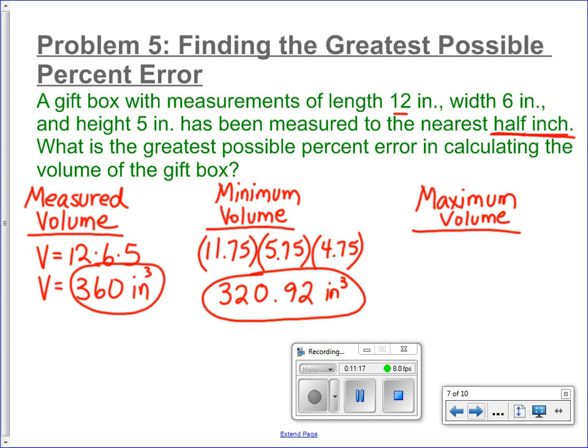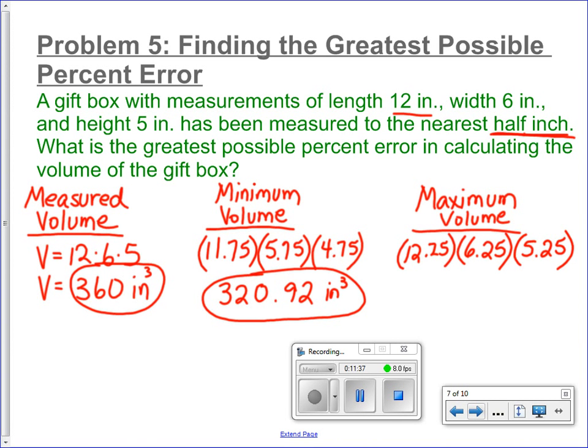So 12 inches, we'll add that quarter of an inch on. So we have 12.25 times 6.25, adding on a quarter of an inch to the width, and adding on a quarter of an inch to the height, 5.25.